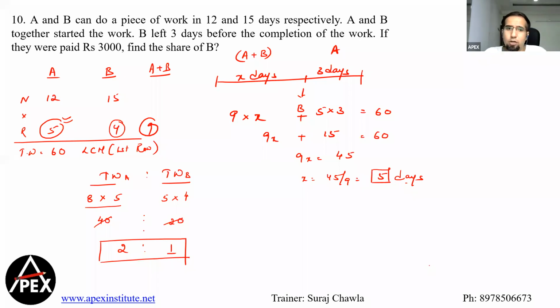Great. If it's 2:1, which means 1 by 3 of the total amount, 1 by 3 of 3,000, which means B's share would be nothing but 1,000 rupees. Am I clear, guys? Quick responses, please.